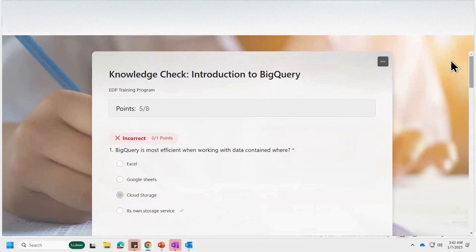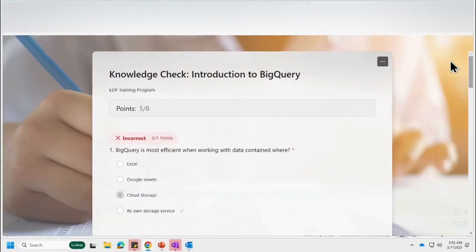The reason is its own storage. It's more efficient because it doesn't have to load the database. It has its own storage service because it's its own database. You don't have to load the database and search through it in Google BigQuery and the cloud at once. Google BigQuery can simply tap into the other database and give you the answers you're looking for.